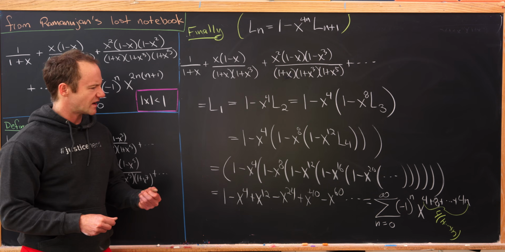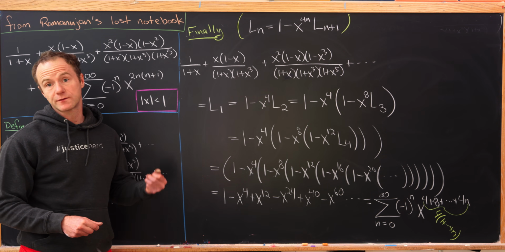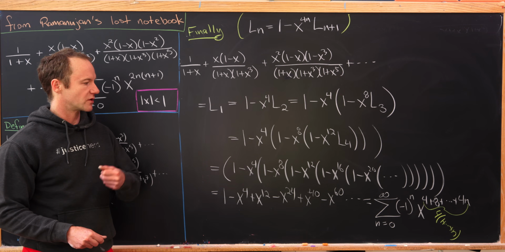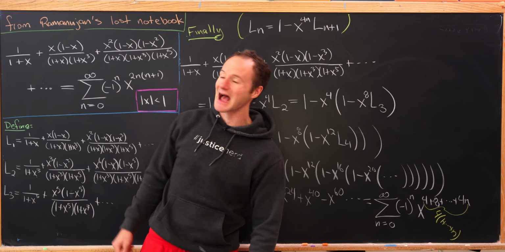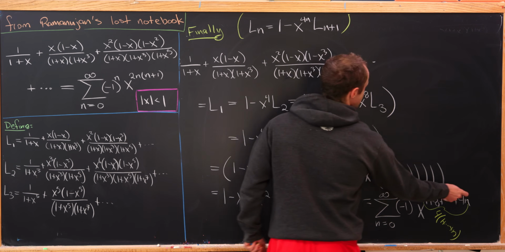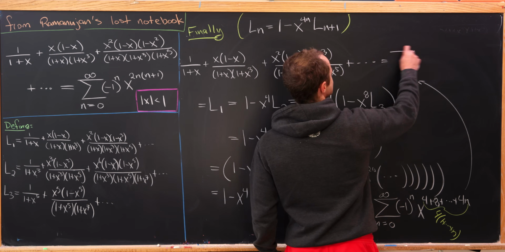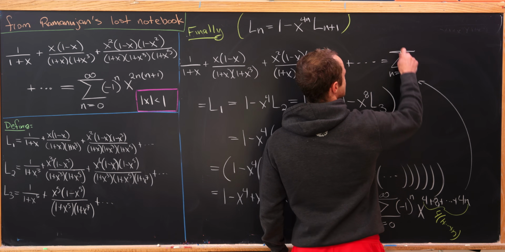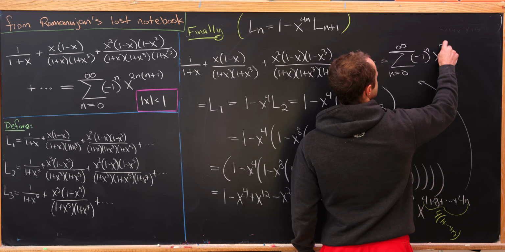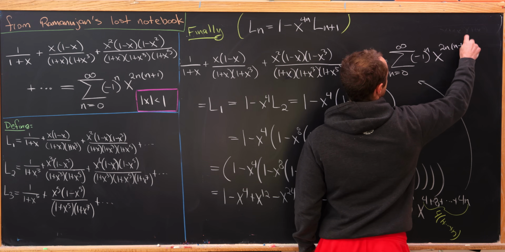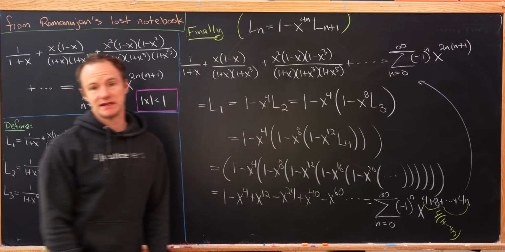But that has a fairly well-known closed form of n times n plus 1 over 2. Multiplying by the 4 will give us this exact expression right here. So now bringing that up, we'll have this is all equal to the sum as n goes from 0 to infinity, minus 1 to the n, and then x to the 2n times n plus 1 as needed.